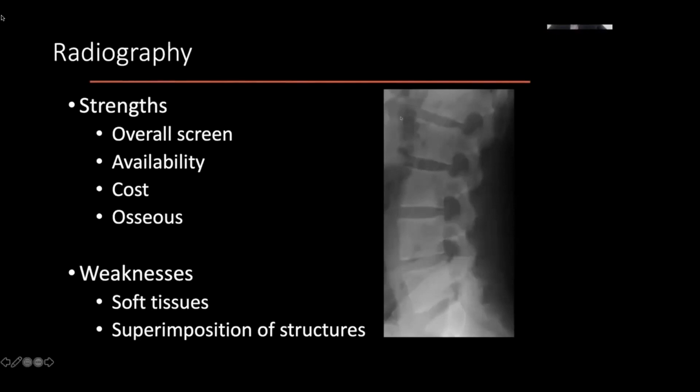The other thing, and I haven't mentioned this on the slide, but we can also perform dynamic maneuvers using radiography. We can perform those with CT as well, for example, but that incurs a much higher radiation cost. And those dynamic maneuvers often contribute significantly to your evaluation in the spine context, for example, for instability.